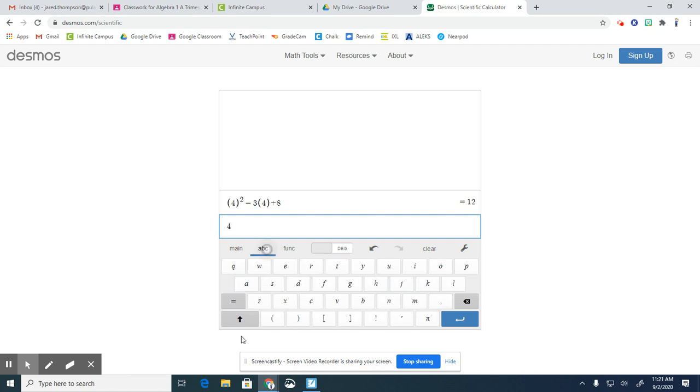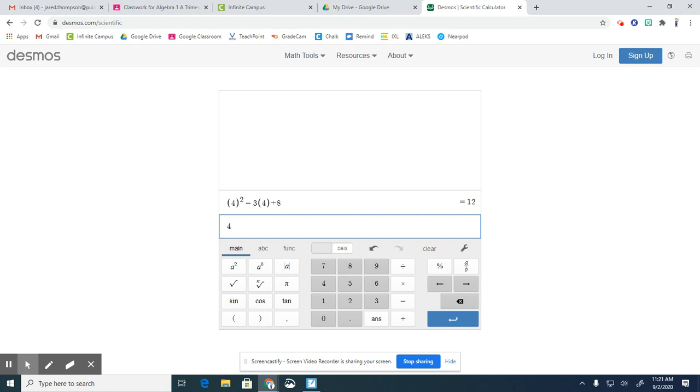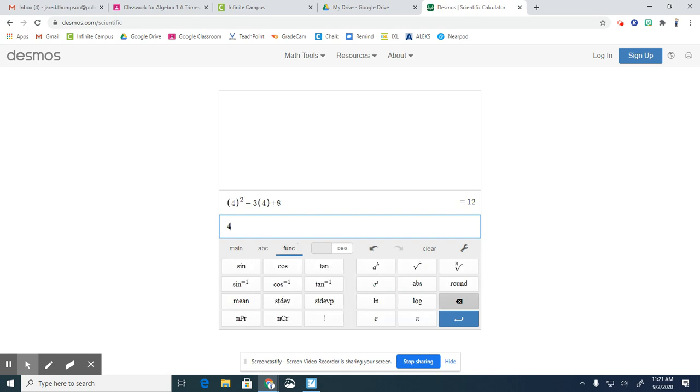It's not on the main screen. Is it in function? Maybe it is on the main screen. Sorry, it's taking me a minute to find it.